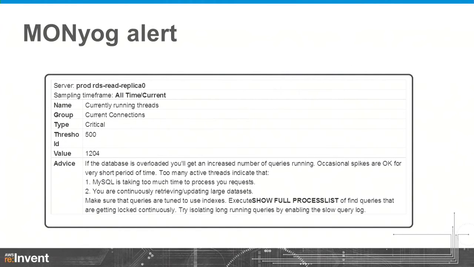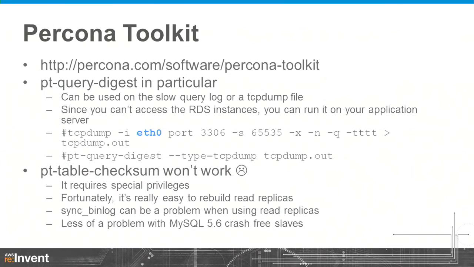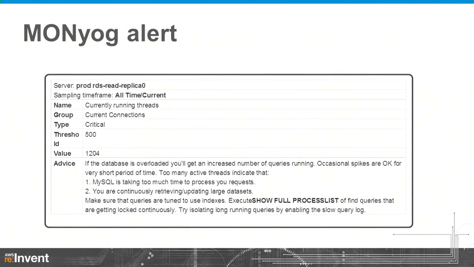This is an example alert. In this particular case, the number of connections reached the critical threshold, 500, so I got an alert. This ties back into my paging system, so the engineers are able to execute when they get an alert like this.